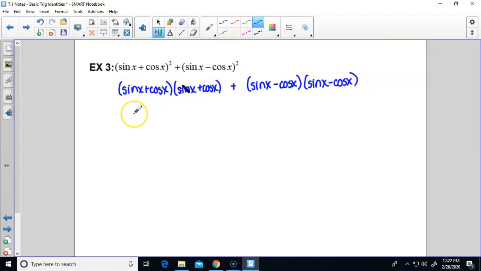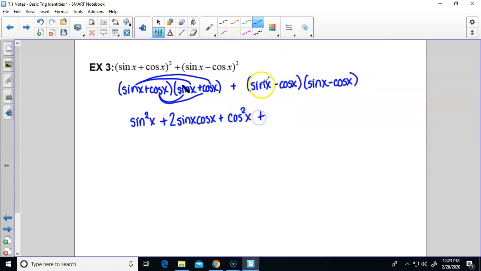When you multiply, you will get sine x times sine x is sine squared x. Sine x cosine x here. You also get a sine x cosine x here, so you'll get plus 2 sine x cosine x. And then cosine x times cosine x is cosine squared x. And then over here, we're going to multiply those together as well.